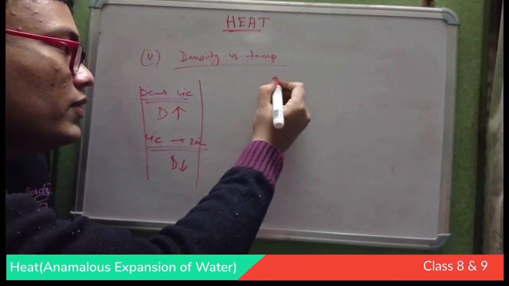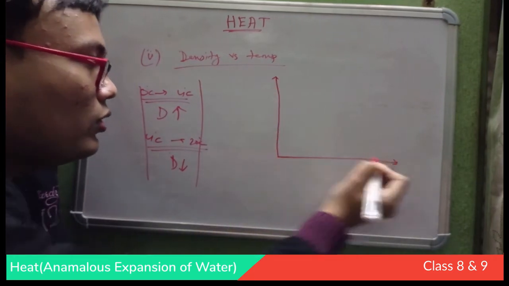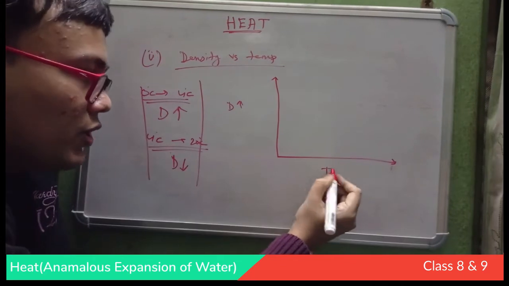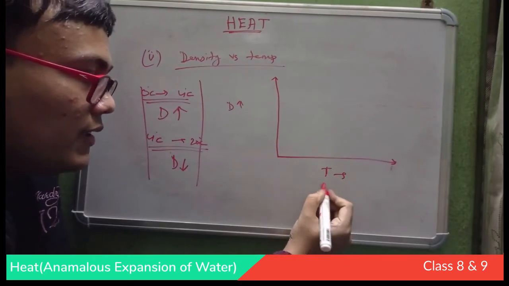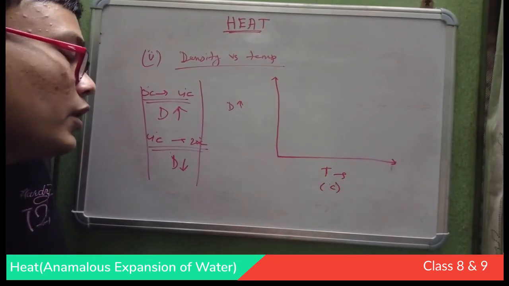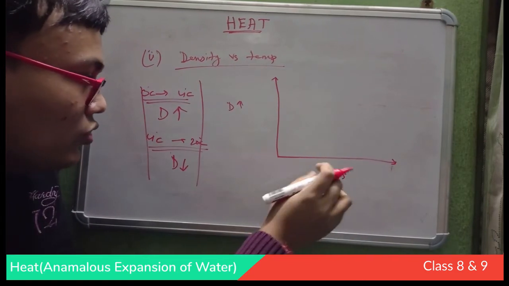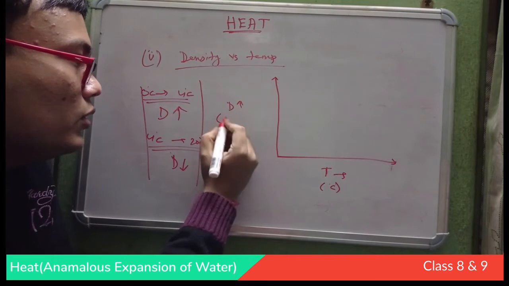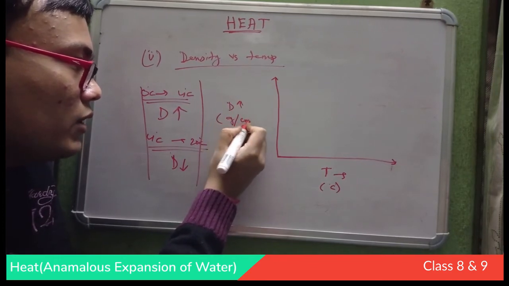So again, similarly to the last graph, we'll keep density on the y-axis and temperature on the x-axis. Temperature is shown in terms of degrees Celsius and density in terms of gram per centimeter cube.